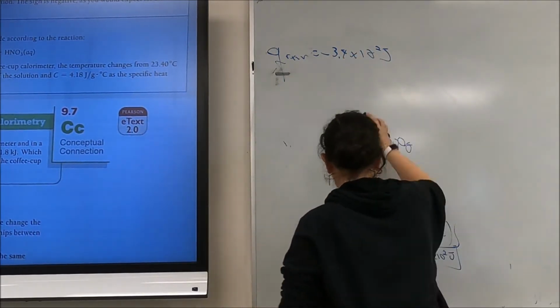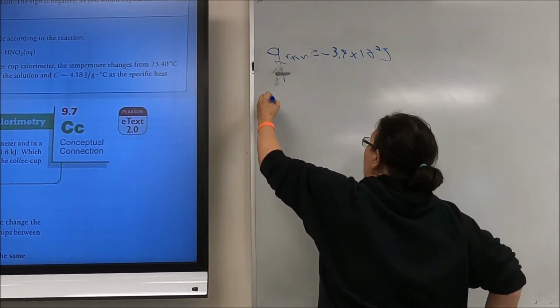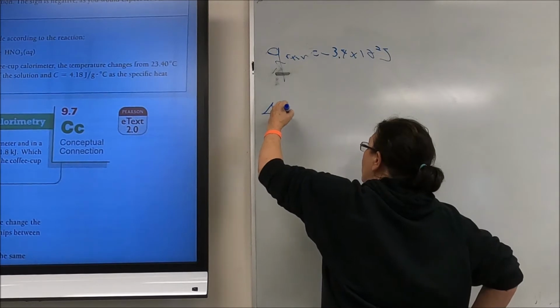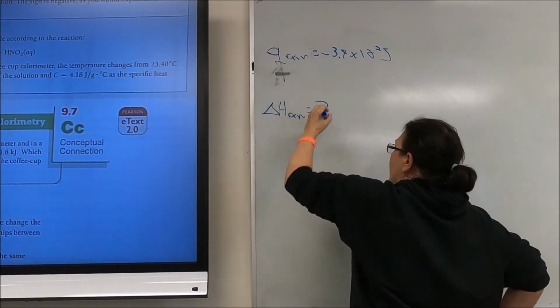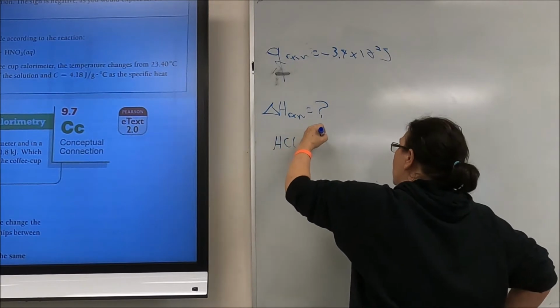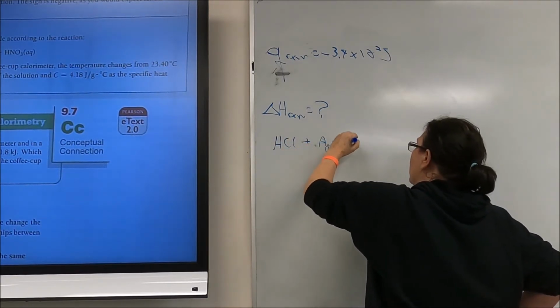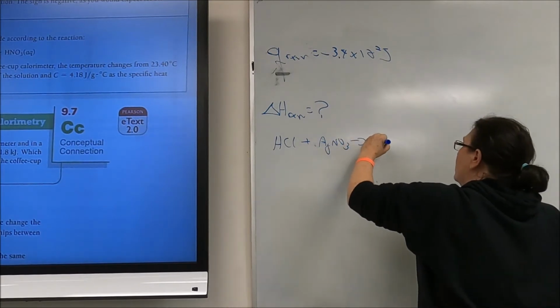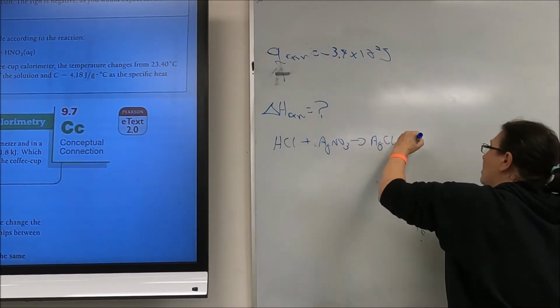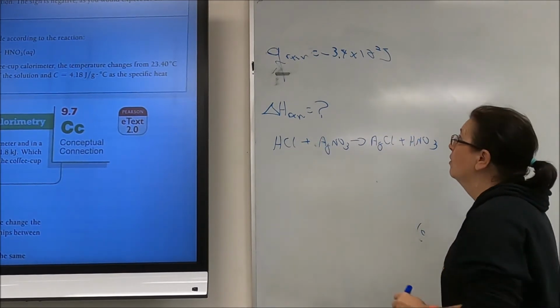Okay? Now, I need to find the delta H for the reaction. Now our reaction was HCl plus AgNO3 going to AgCl plus HNO3. Notice everything's in a 1-to-1 ratio.